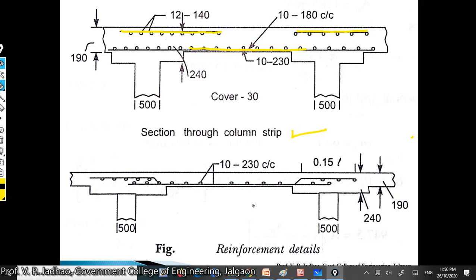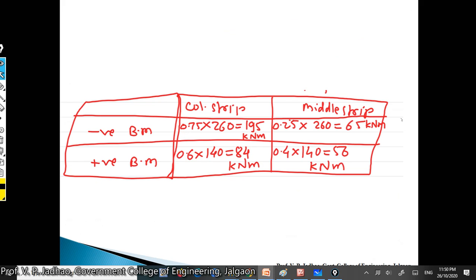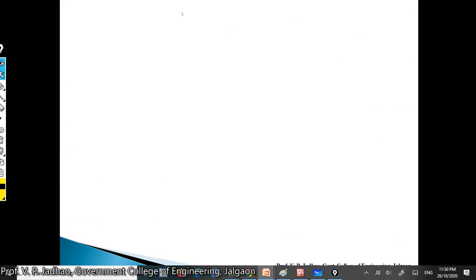Again, this is the section through your middle strip. Here bent up bars are provided, and 50% of the steel reinforcement will be curtailed. There was no requirement of shear reinforcement in this particular problem. So with this, the problem is over. Thank you.